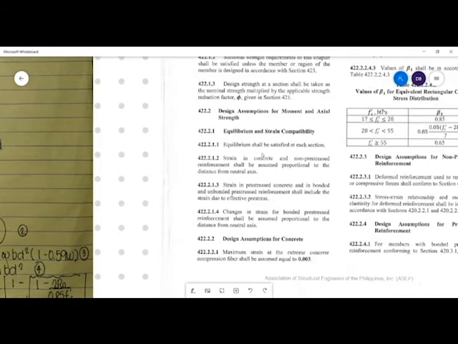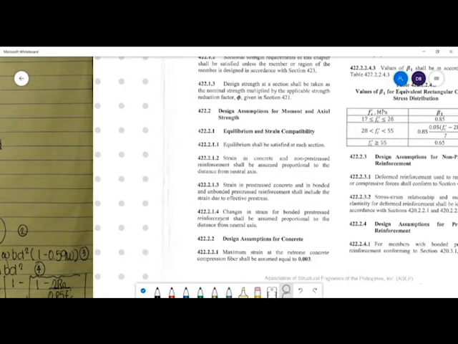So at each section of the beam, strain in concrete and non-prestressed reinforcement shall be assumed proportional to the distance from the neutral axis. So somewhat this is applicable.